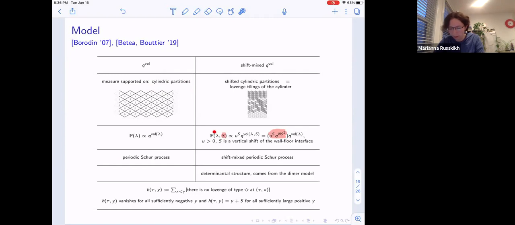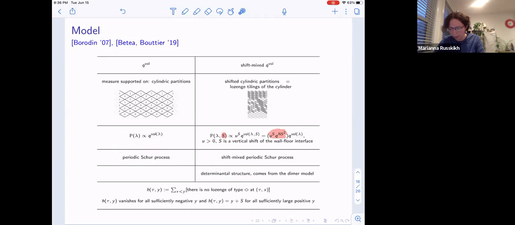So if we think about the shift mixed periodic Schur process, then it happens to have a determinantal structure, and this is why it is a very natural choice to deal with the partition together with the shift, because the periodic Schur process itself is not determinantal.